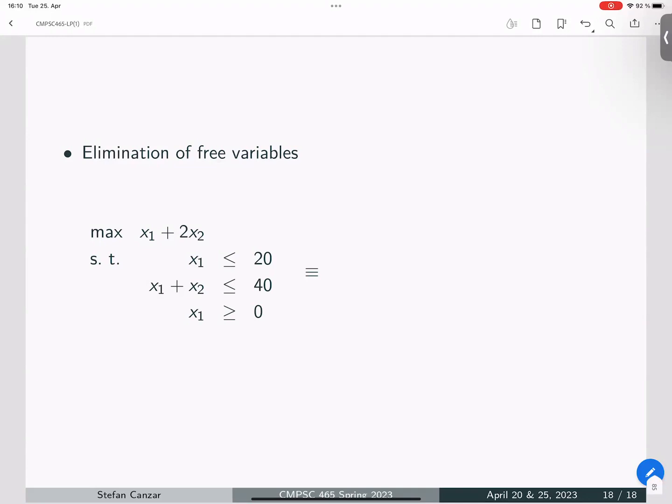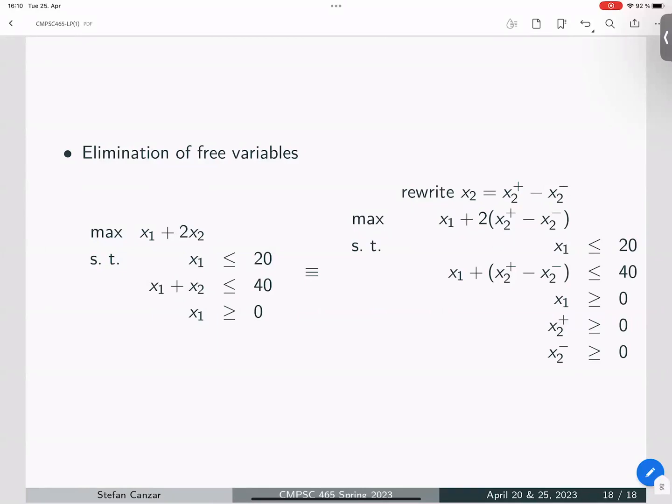Now we want to introduce variables to essentially express that x2, which can be positive or negative, is the difference between two non-negative values. This is the trick. You consider that every real-valued variable can be expressed as the difference between two non-negative variables. That's all you need to know. So what you really do is you introduce two variables.